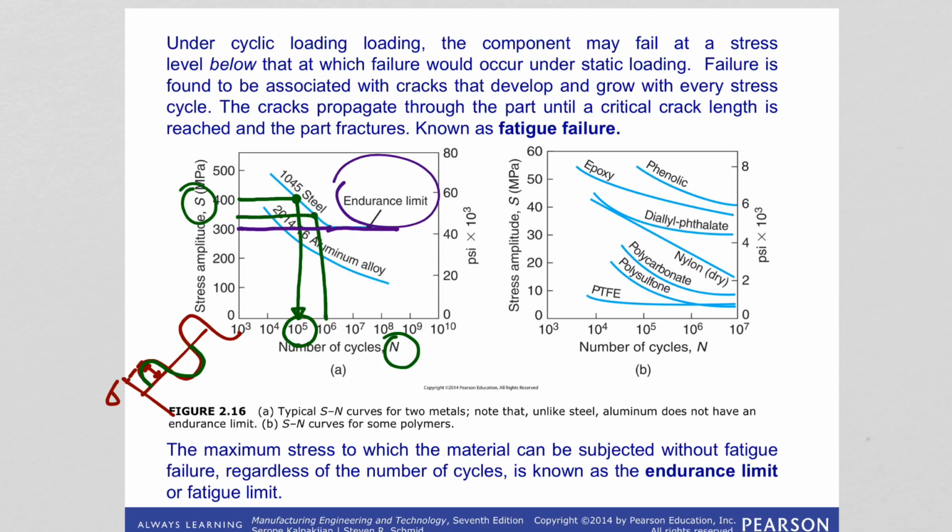And we are seeing in this SN chart that we have a steel and aluminum alloy, and steel has an endurance limit, but the aluminum alloy does not have an endurance limit. So some metals might not have an endurance limit like aluminum, okay, and it has a downward trend like this. And on the right we are seeing an SN curve for common polymers.